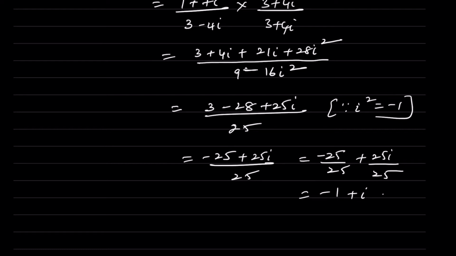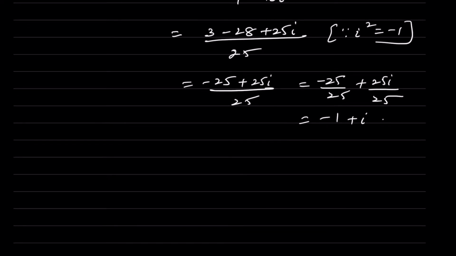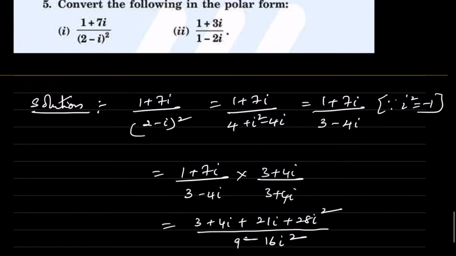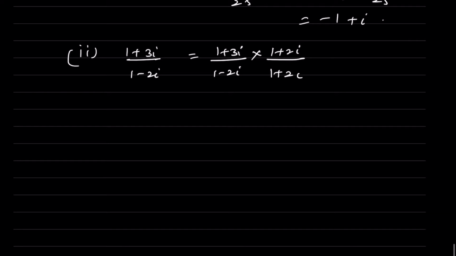Now going into the second one. What's the second one? We'll see. Second one, we have (1 plus 3i) by (1 minus 2i). We are rationalizing the denominator, so we are taking the rationalizing factor as 1 plus 2i.